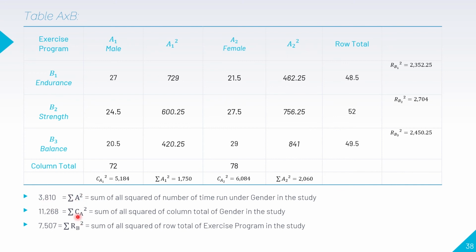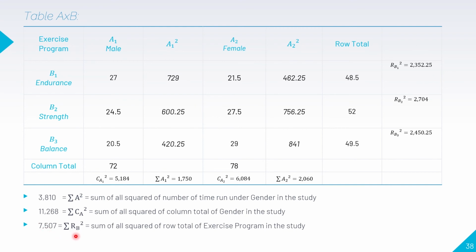3810. In finding our summation of CA squared, we sum all squared column totals of gender in the study. We just need to add this, and then this is the column total, square this one to obtain this value. So 5184 plus 6084, we just need to add these two to obtain our summation of CA squared, 11,268.